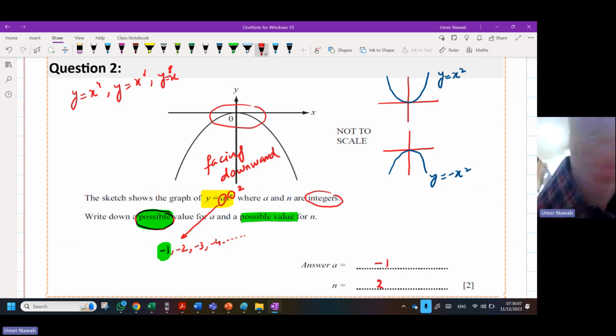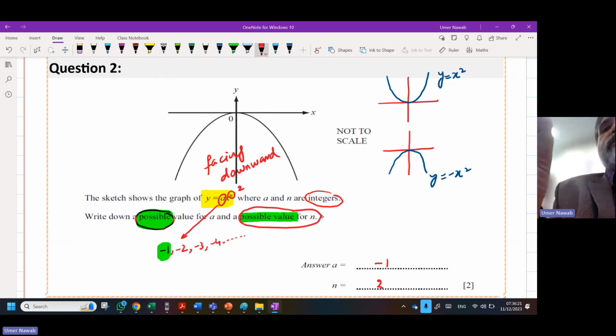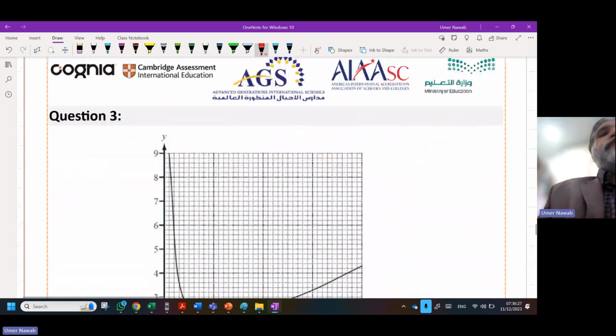This is beyond the scope of IGCSE. I'm not going to go into that. I'll just mention that you are well familiar with quadratic functions, so it's better to keep the possible value of n as just 2. Am I right? That's all.